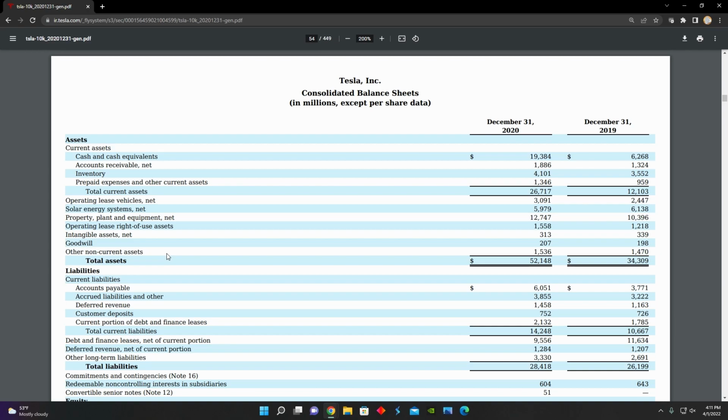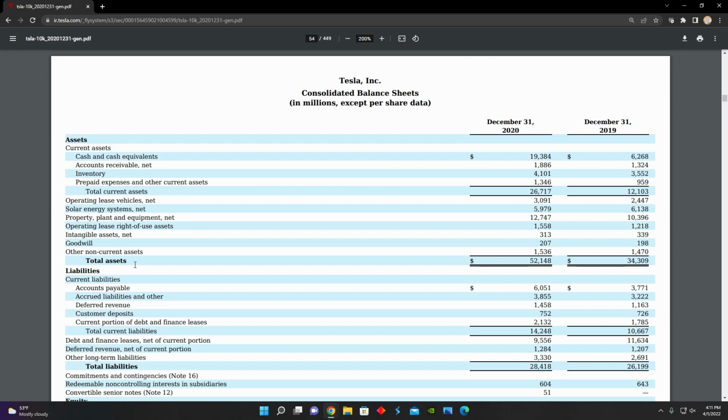And so this just includes everything from property, plant, equipment, other physical property or investments, long-term investments that a company might record on their balance sheet, but they just weren't big enough to be included with their own individual line item. And so they were all summed up and included in this account right here. And then after that, we have total assets, which is basically just all of the current assets plus all of these non-current assets. And that gives us the total asset account.